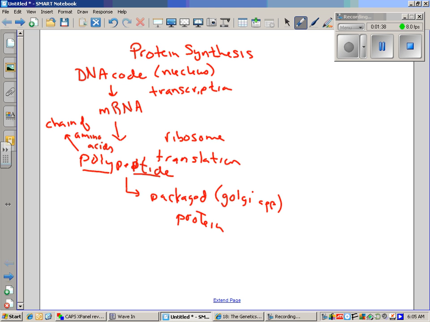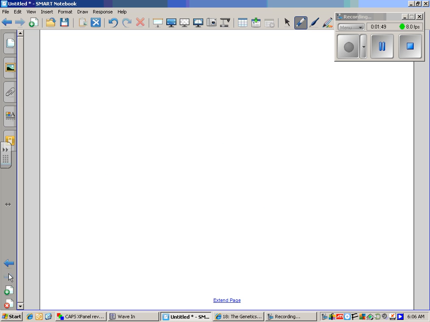Okay, so I want to go through just a little bit of detail of transcription, some things that happen, and then translation. Transcription.